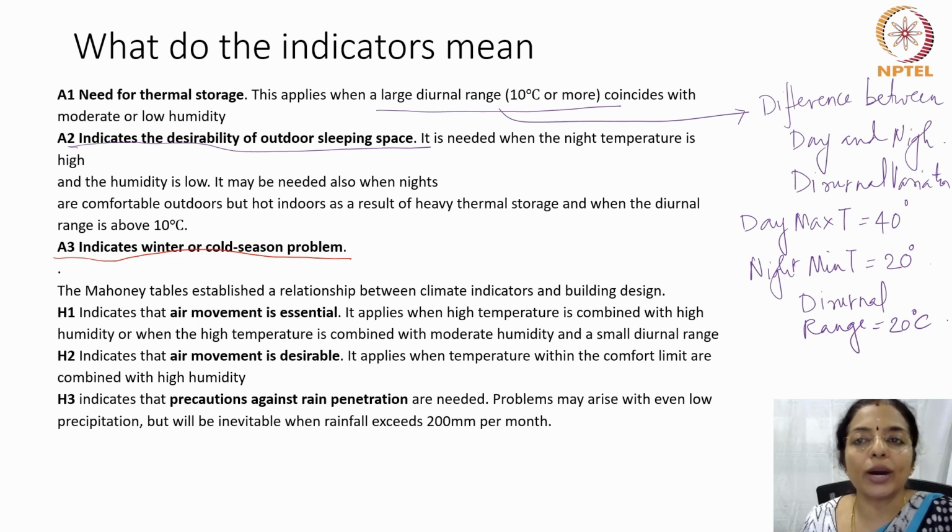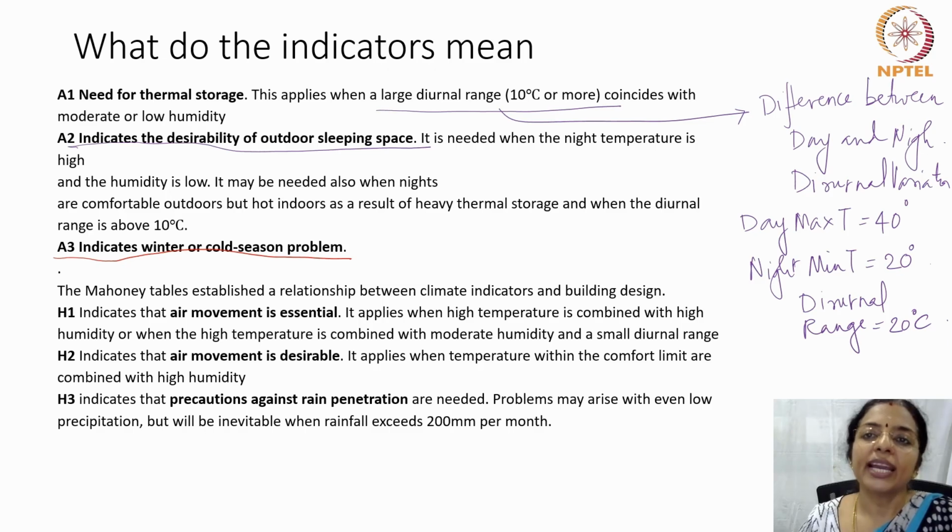H1 as an indicator indicates that air movement is essential. This applies when high temperature is combined with high humidity or when the high temperature is combined with moderate humidity and a small diurnal range. H2 indicates that air movement is desirable.